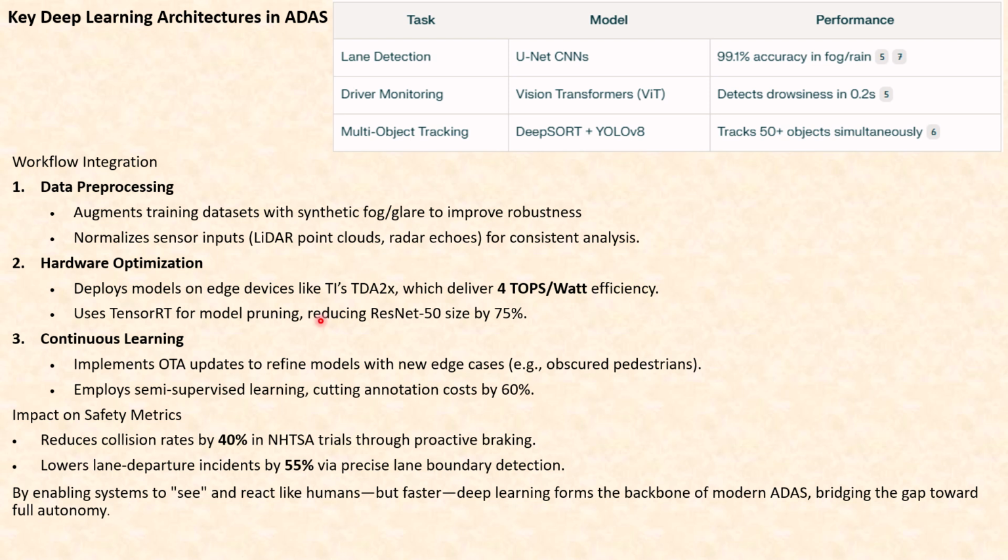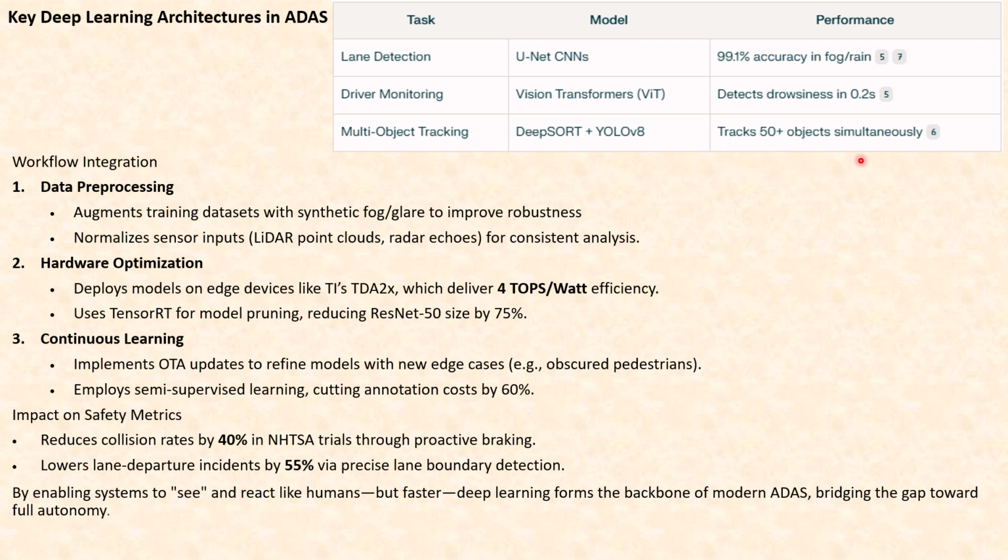Now, when it comes to key deep learning architectures in ADAS, alright, the task is lane detection, using UNet CNNs, with performance of 99.1% accuracy in fog and rain. Next comes driver monitoring, using vision transformers, which is acronymed as ViT. It detects drowsiness in 0.2 seconds. And coming to multi-object tracking, DeepSORT plus YOLO tracks 50-plus objects simultaneously.